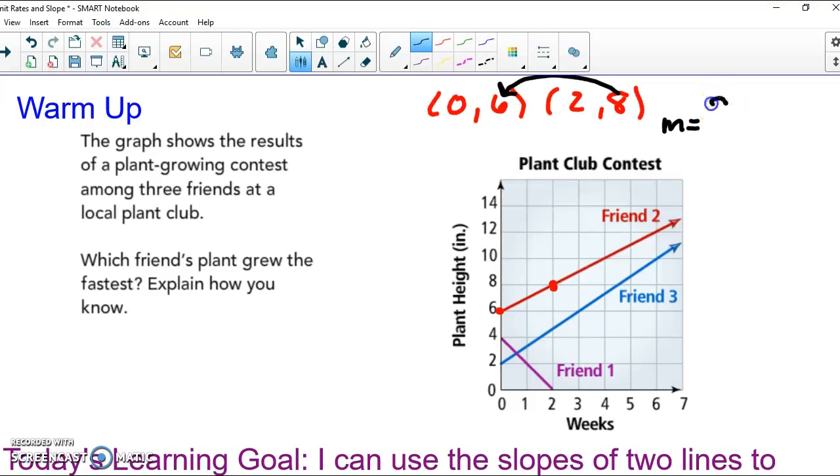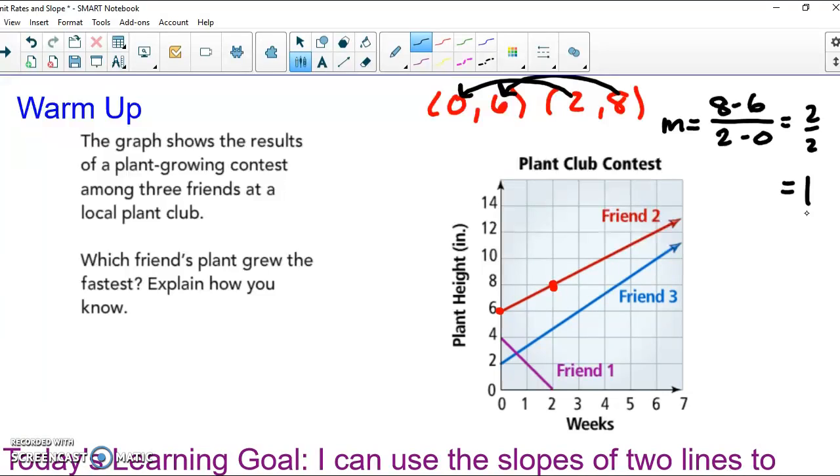So I take my y coordinates and I subtract them over the change in x. So I take my x coordinates and I subtract them. And I find that the slope was 2 over 2, which reduces to 1. So this plant for friend 2 grew at a rate of 1 inch a week.